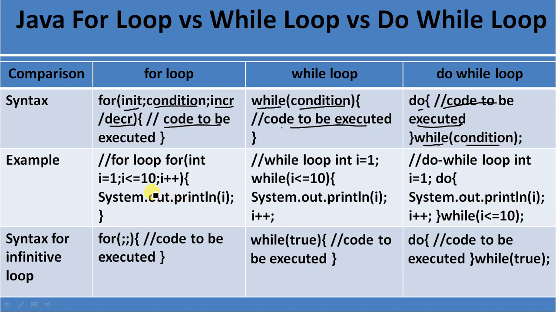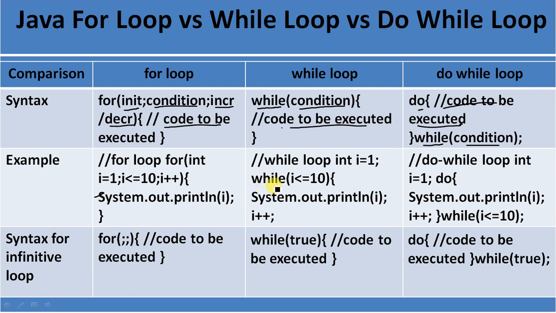Example for loop: for int i equal to 1, i less than or equal to 10, i plus plus, and this is the statement that the for loop is going to execute.